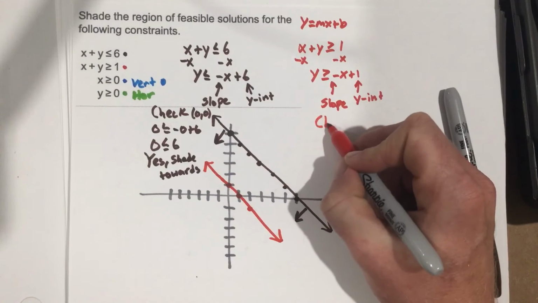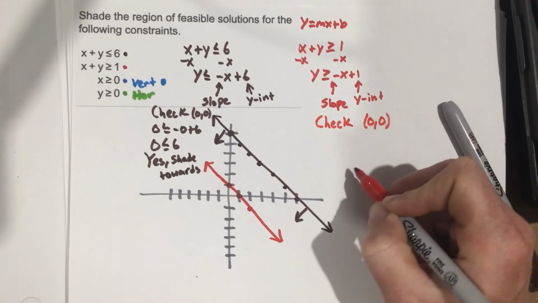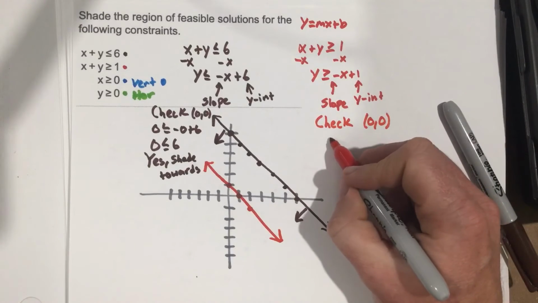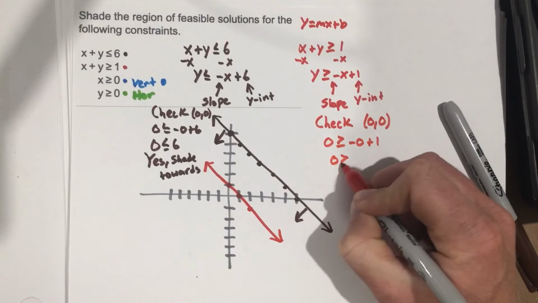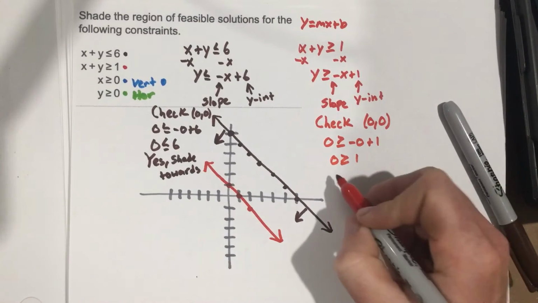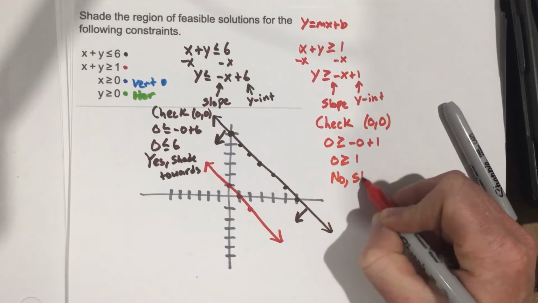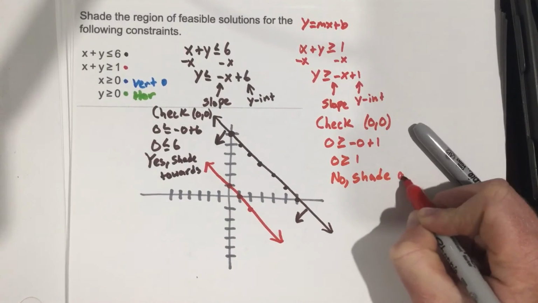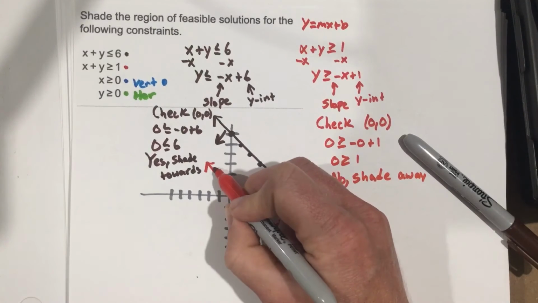We can check that by saying check 0, 0. And we're going to say that that's 0 greater than or equal to negative 0 plus 1. So 0 greater than or equal to 1. That's not true, so no. Shade away. So we're going to shade this one this direction.